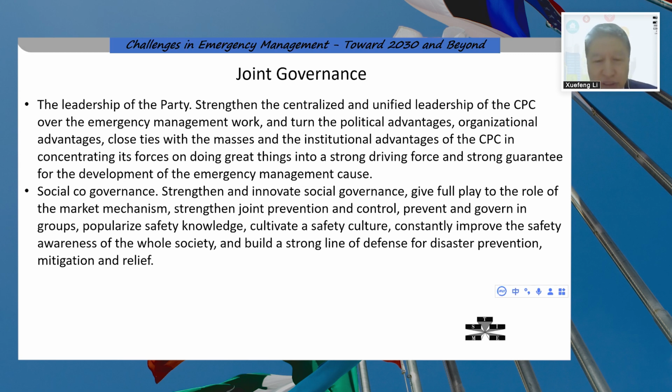Under the provincial level, we have somewhat more than 600 municipal level governments, and more than 3,000 county level governments. All these thousands of governments at different levels have basically published and are implementing their own 5-year plan for emergency management.